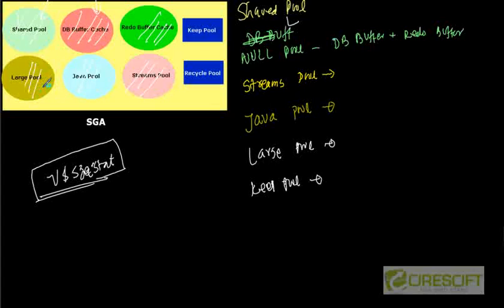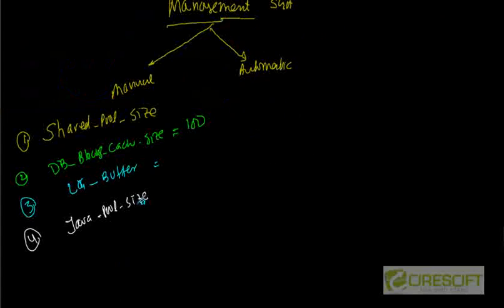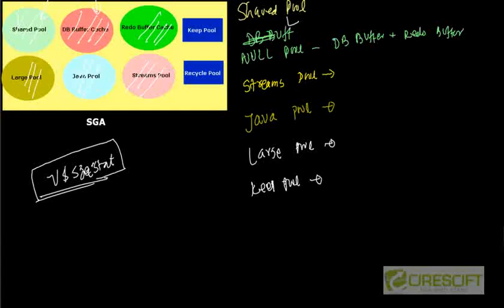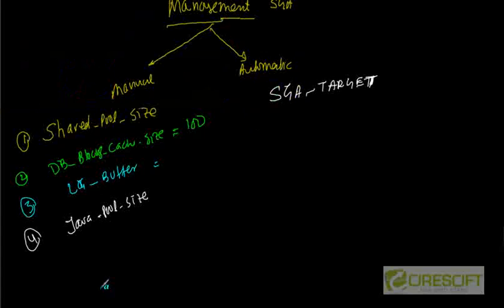Another way that we learned is that you can automatically set one value, and that value is sga_target. If you set sga_target, then Oracle automatically calculates, based on your workload, how much is the shared pool, how much the large pool, Java pool, and so on. Another important thing is that all these parameters can be tuned online.